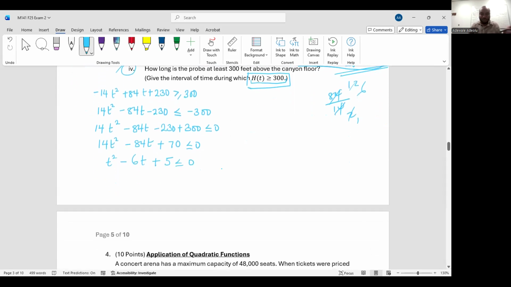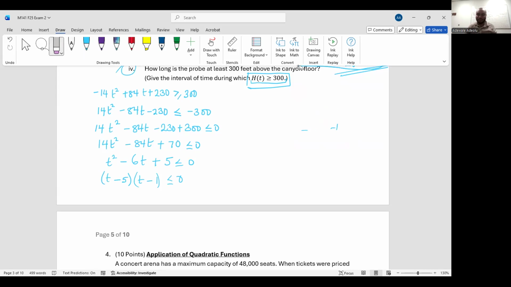Right? So all we need to do at this point is factorize if possible. So that is t, and that is 5, so that is two numbers. That is 5 times 1, negative, negative. So that is t minus 5, t minus 1.